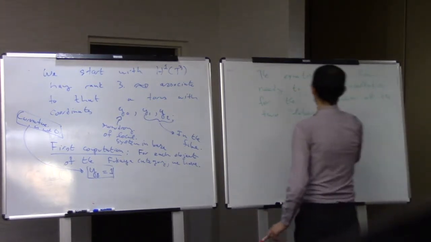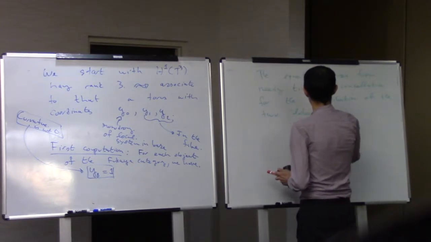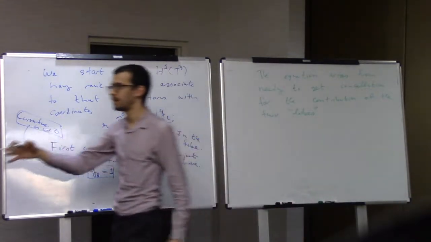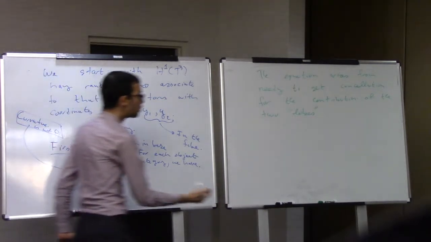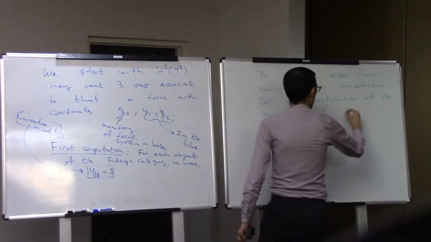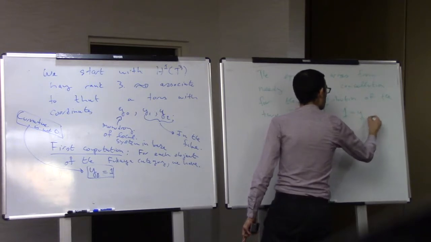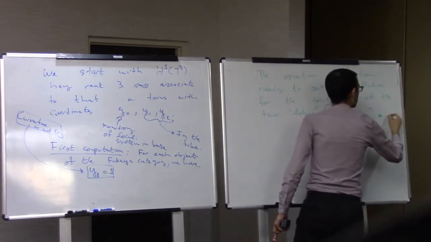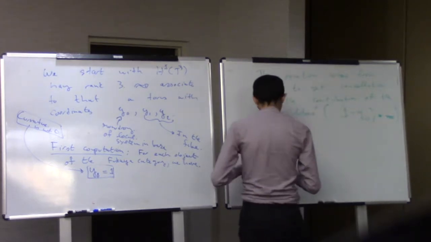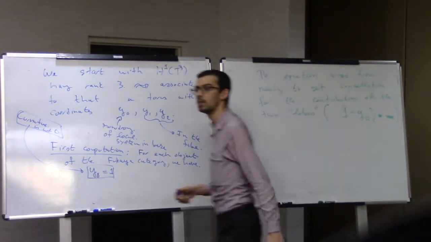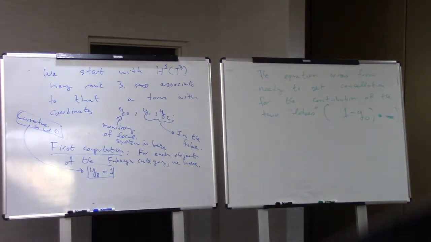Okay. And again, just to be clear, whatever this y0 is, the curvature is going to be something like 1 minus y0 times something. So you need to get this. Okay? So that is the first part.